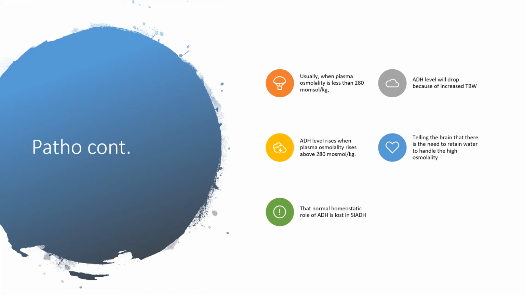ADH level of vasopressin will rise when plasma osmolality rises above 280 milliosmoles per kg, telling the brain that we need to do something. We need to retain water to handle this high osmolarity, because this high osmolarity is not good for the cells. So let's retain more water.